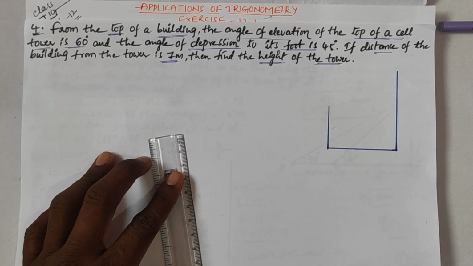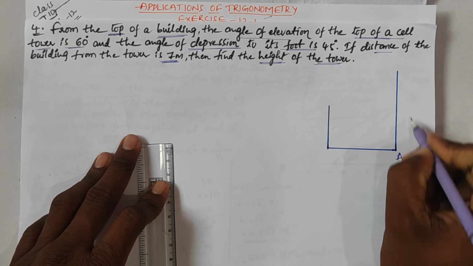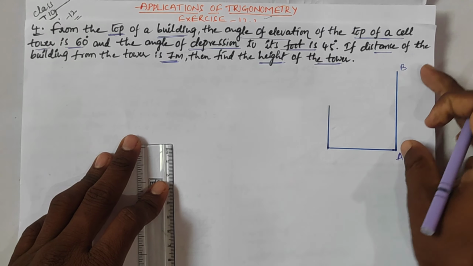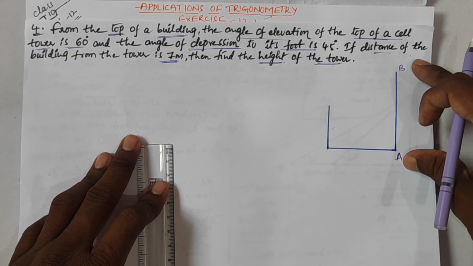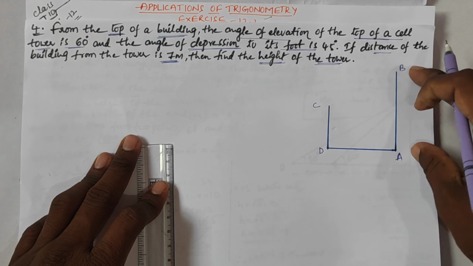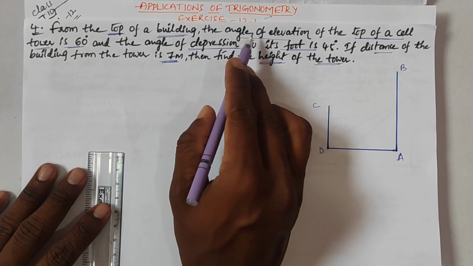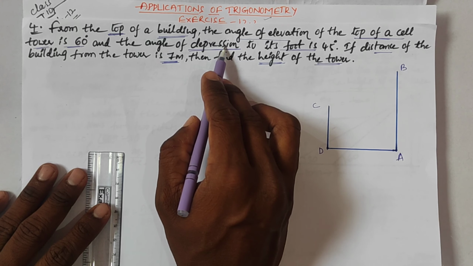Here, naming it as, suppose, AB. AB is a cell tower and CD is the building. Cell tower and building. And what is given here about the angle of elevation and angle of depression, right?